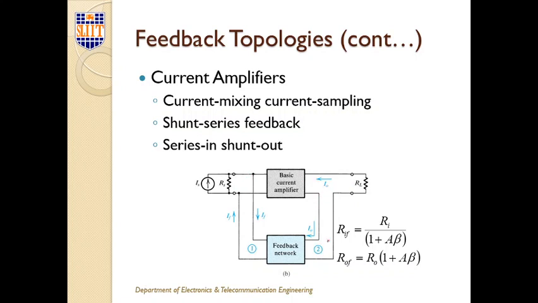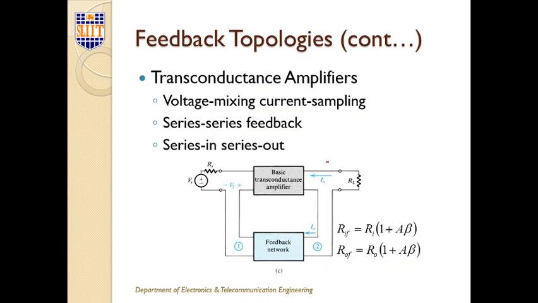However, it is series in, shunt out, or series shunt feedback. Now in this case also you can see that the input impedance is now reduced by a factor of 1 plus A beta, and output resistance is now increased by a factor of A beta. So that is the current amplifier.